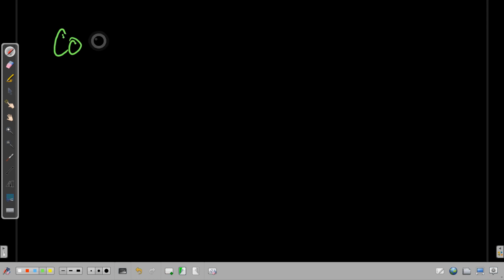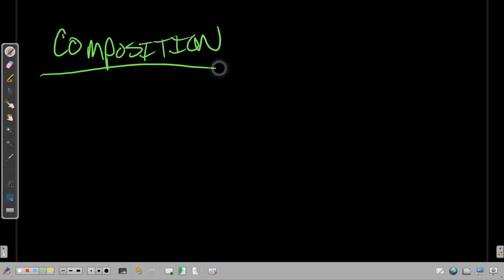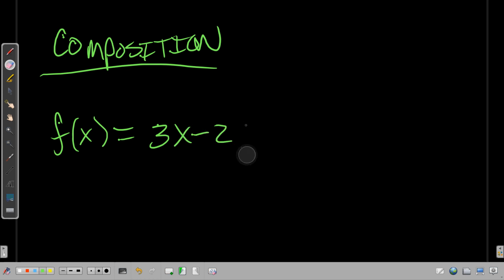Well, now we can talk about composition. Composition of functions is fun, if you could call math fun, and I think I can. So let's look at if I had the function f of x, and it was 3x minus 2, basic linear function, and they would like for me to compute f of 2.